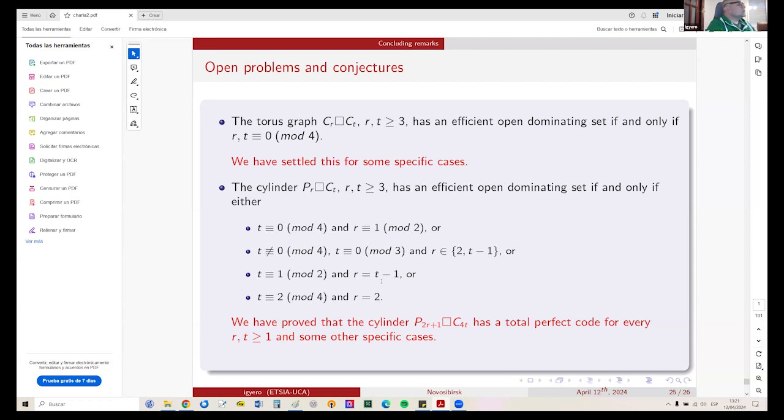Yes. Efficient open is a dominating set which is a two-packing, yes. So an efficient closed dominating set is a set which is both a dominating set as well as a two packing, right, sir? So you are looking for the existence of such a set which has two properties, domination as well as two packing.